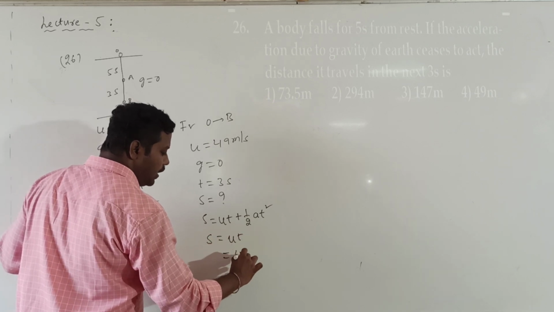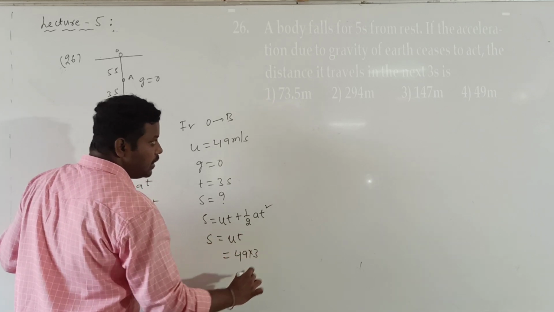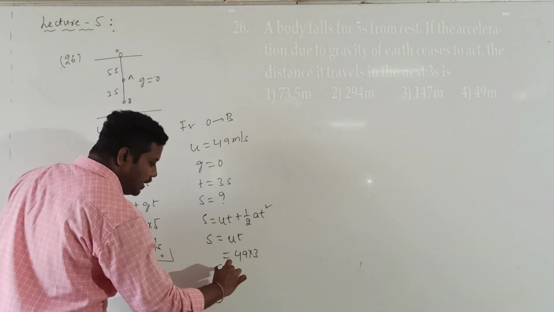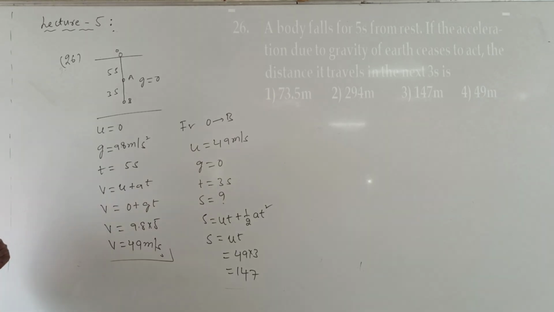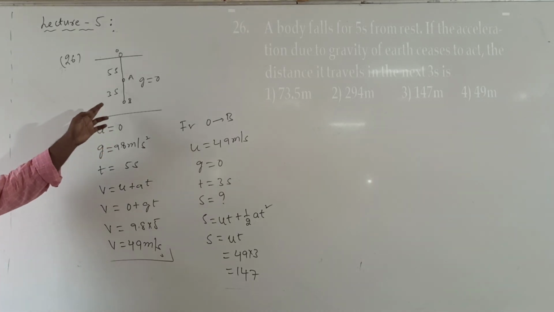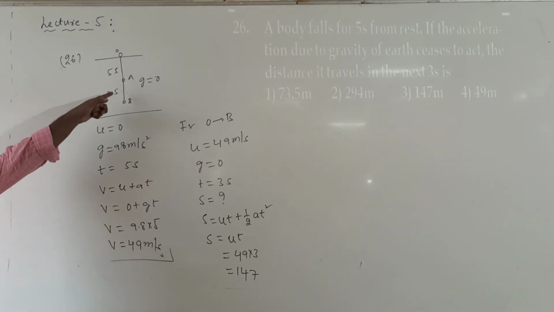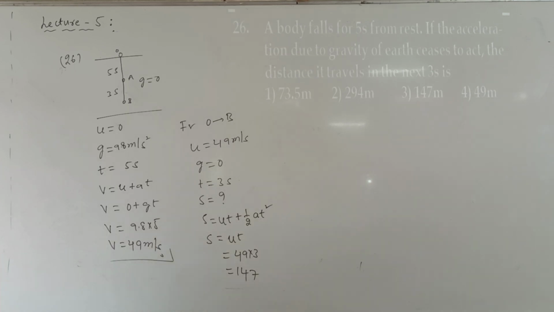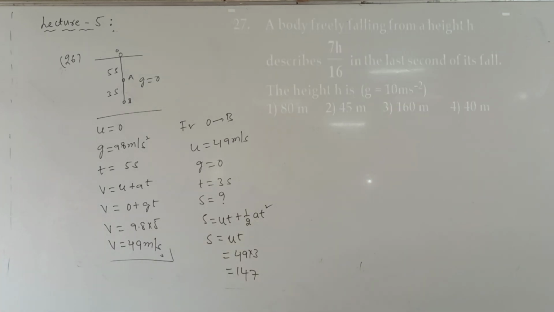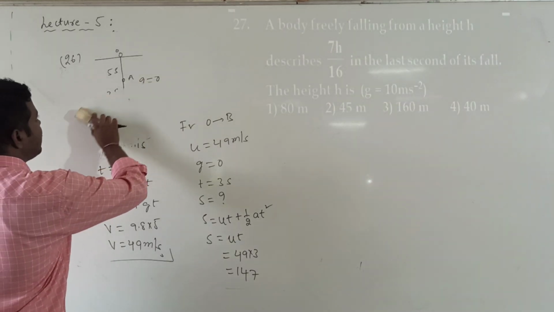So u value 49 into 3, that is given by 147. That is the distance travelled by the body after acceleration due to gravity ceases to act, within a time of 3 seconds. So that is question number 26. The next question. Question number 27.